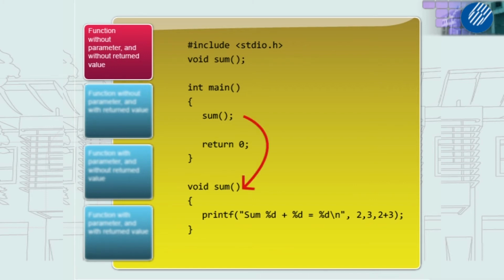This function call will call the function definition, and the task of printing the values will be done within the function. After finishing the execution of the printing statement, the control of the program is returned back to main. If there is no more statement to be executed, the program will be terminated.